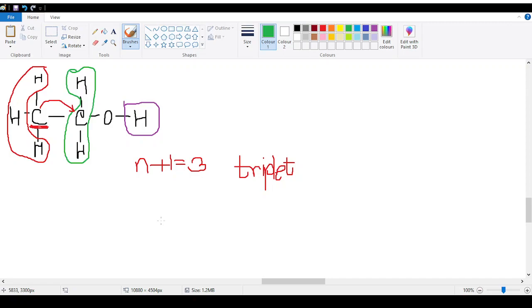The neighbor on one side has three hydrogens, and the other has one.